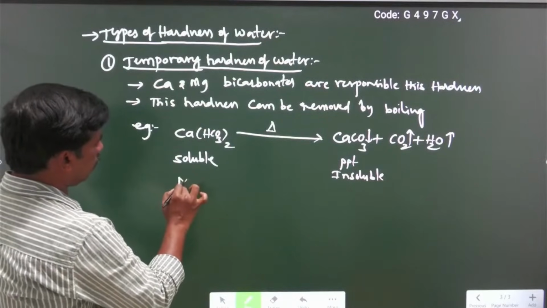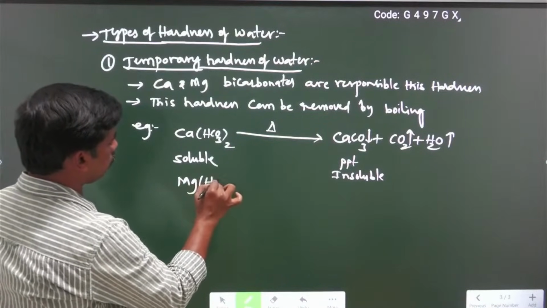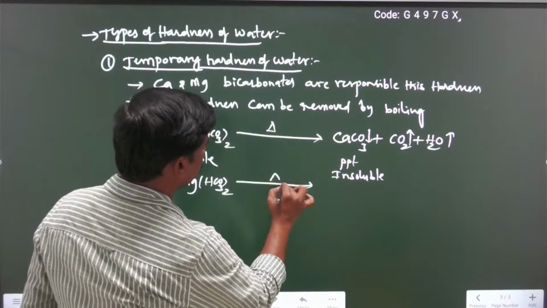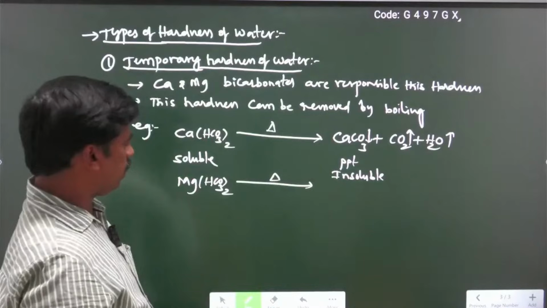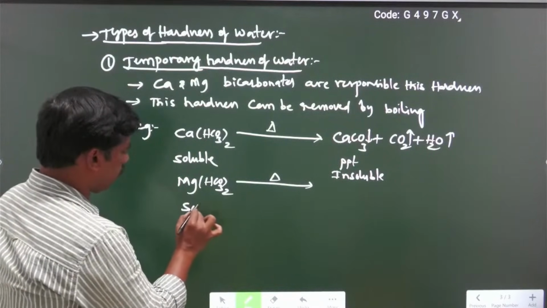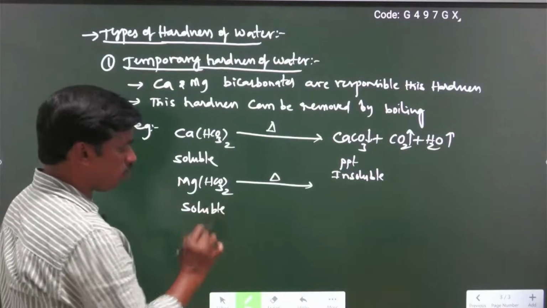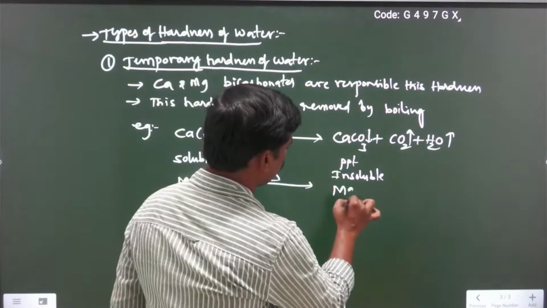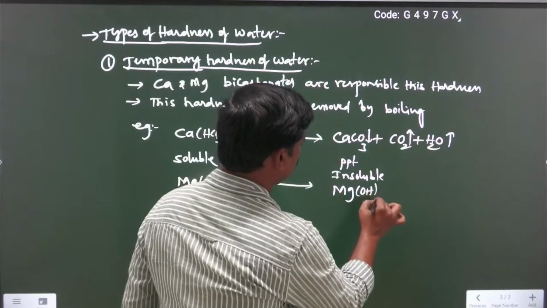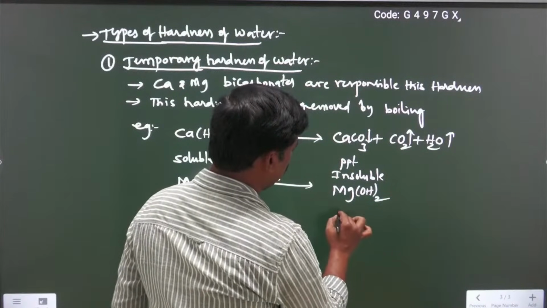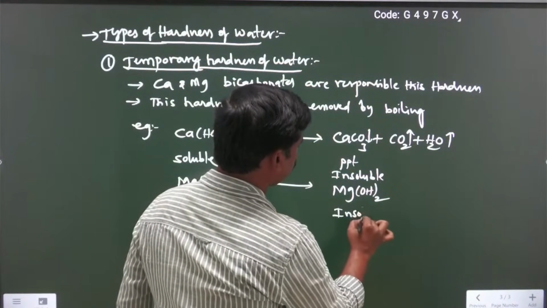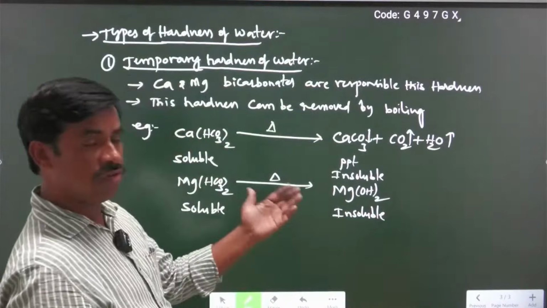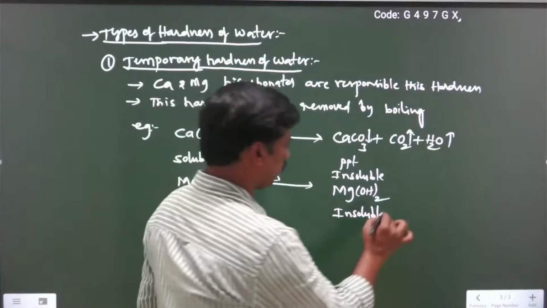Similarly, magnesium bicarbonate on boiling, soluble before boiling, converts after boiling into magnesium hydroxide, an insoluble substance, which is separated by filtration.